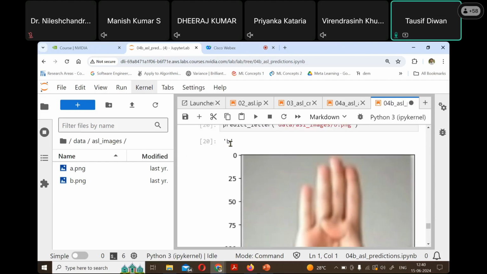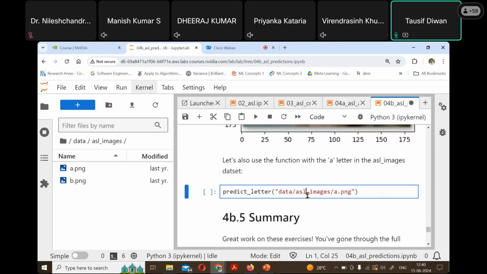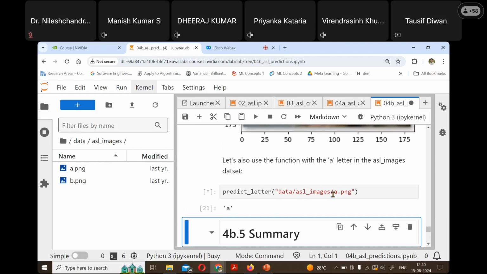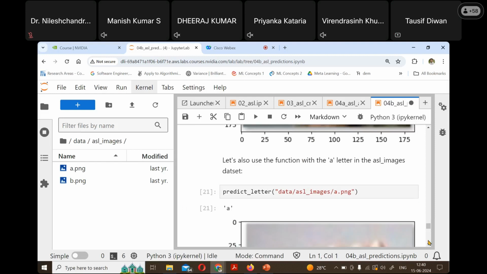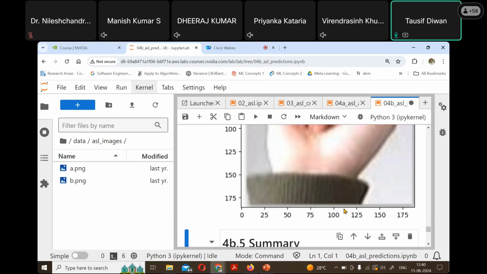The letter printed out is B. Then next, A is the outcome. This is my image. Actually, this is the original image, it is not a processed image.